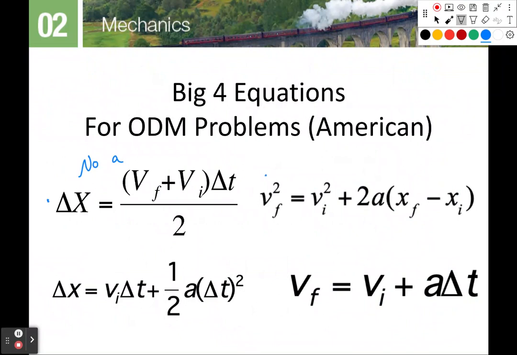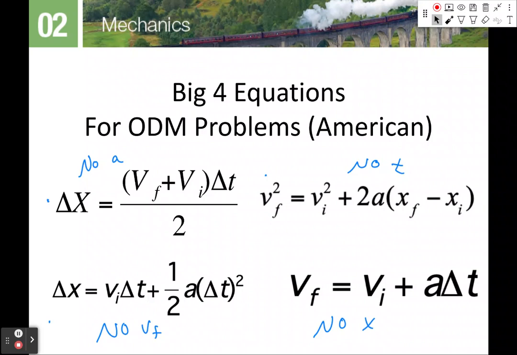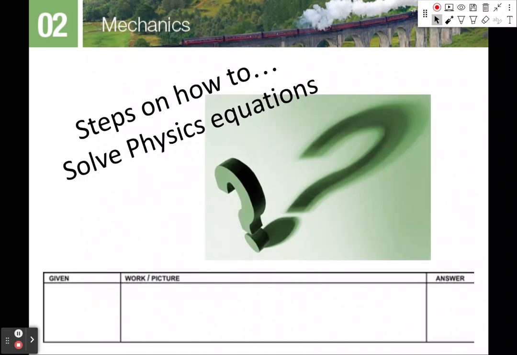This one in the upper right is missing t, no time shown in this. The one in the lower left has no final velocity. And the one in the lower right, take a second, there is no displacement here.